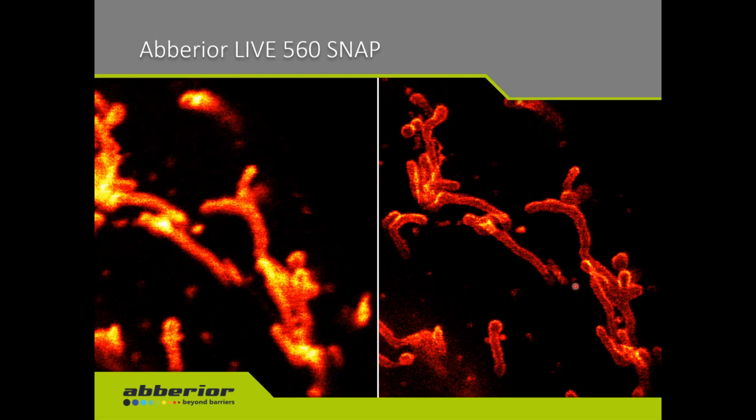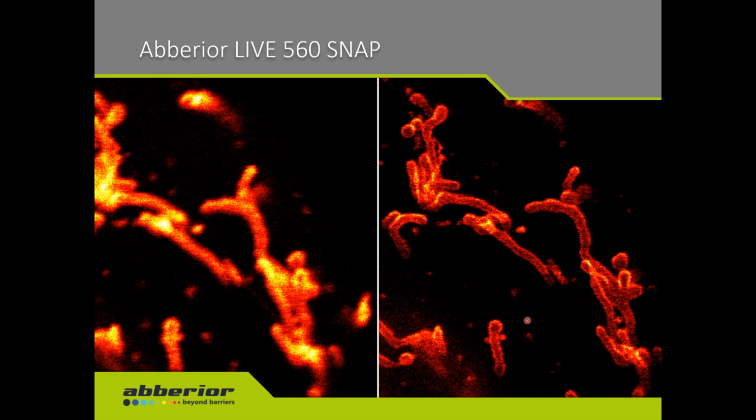Now I will show you some examples where we stained different kinds of cells. Here we used a fusion protein of TOM20 and SNAP-tag, labeling TOM20 inside mitochondria in HeLa cells. On the left side is the confocal image, where we used Live 560 in combination with our TOM20 SNAP-tag fusion protein.